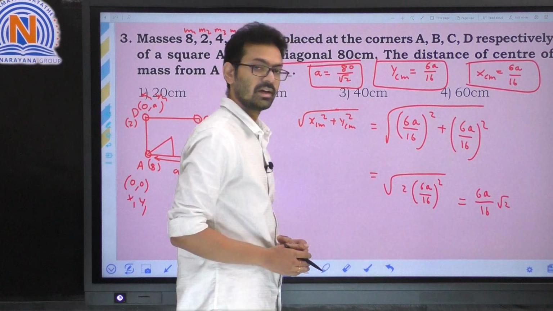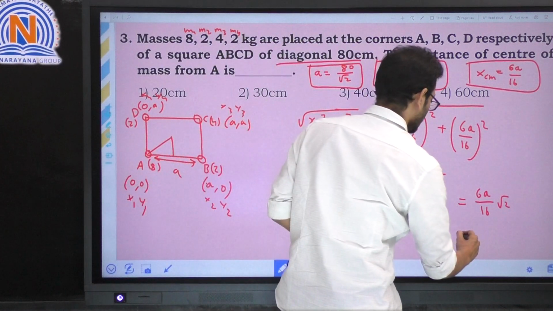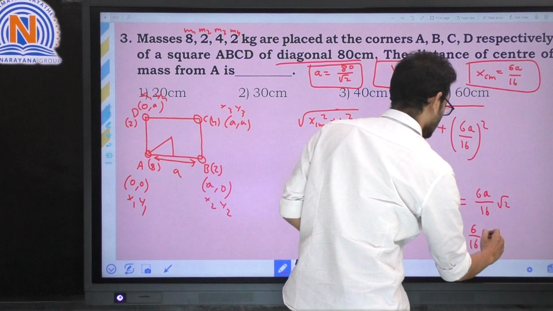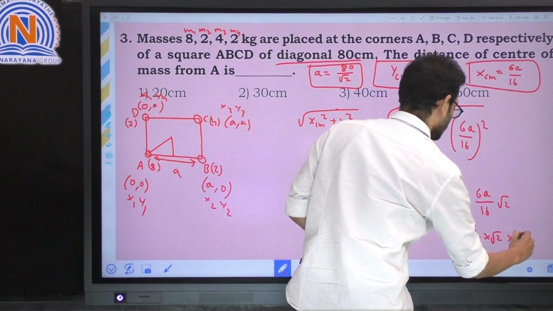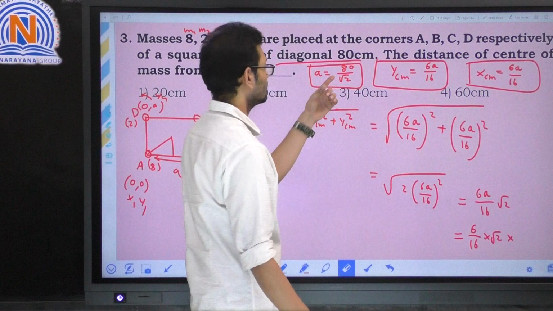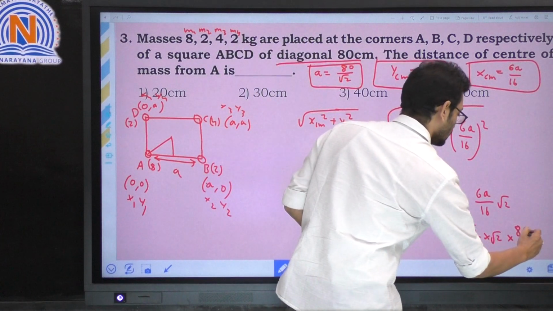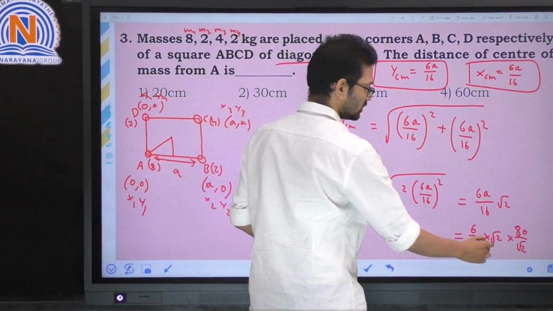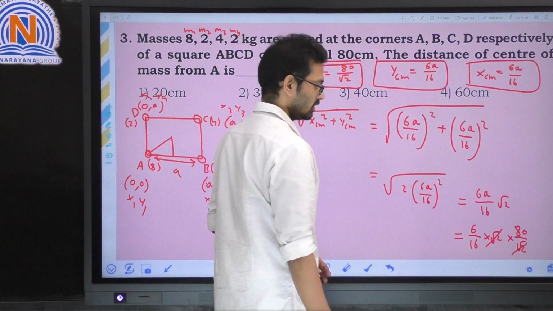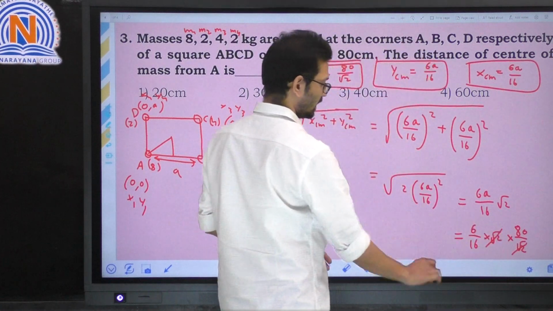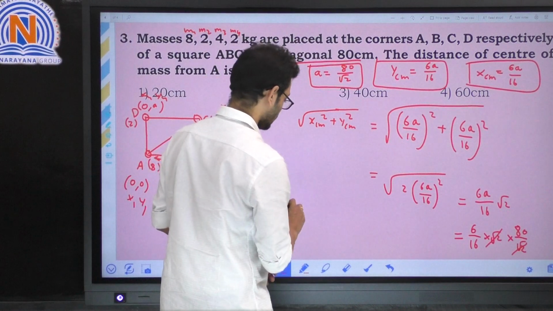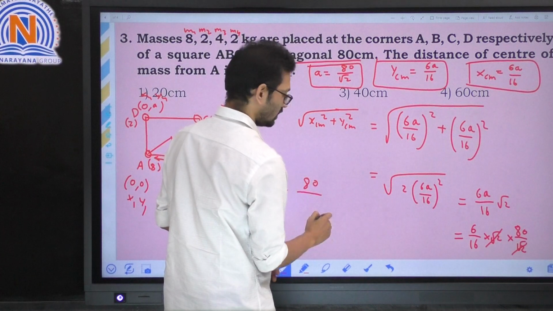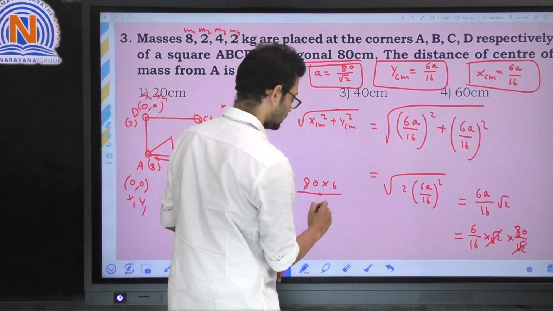Now we know the value of A. Let us try to substitute that value of A. I will write it like 6 by 16 into root 2 into A, where I write the value of A as 80 by root 2. Okay, A value I just substituted. Now what happens? Root 2 gets cancelled. And what is left over here? 80 into 6 by 16.